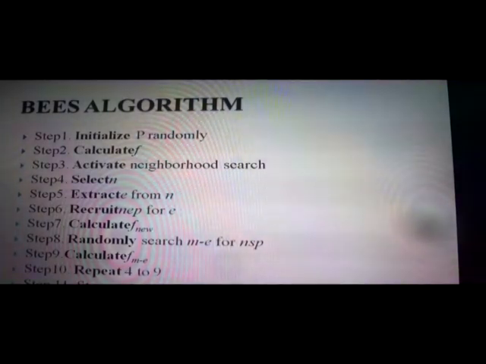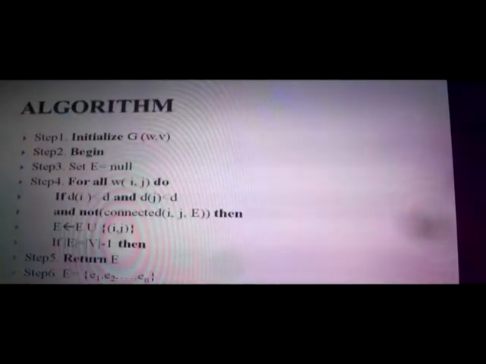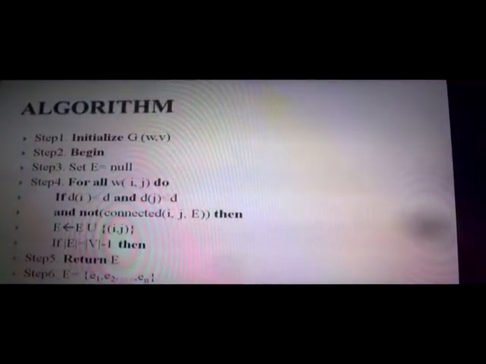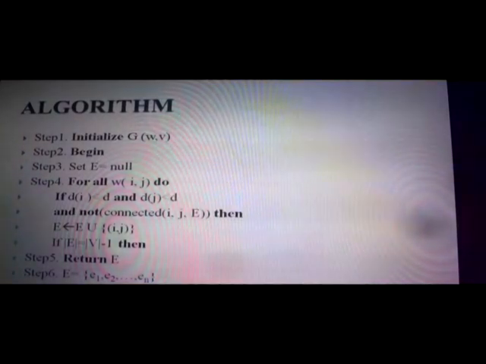At the end of each iteration, the colony will have two parts to its new population: the first one is the fittest representative from a patch, and the second one is those that have been sent out randomly. Now, this is the algorithm I have used in my paper to find the shortest path with minimum cost and minimum time.